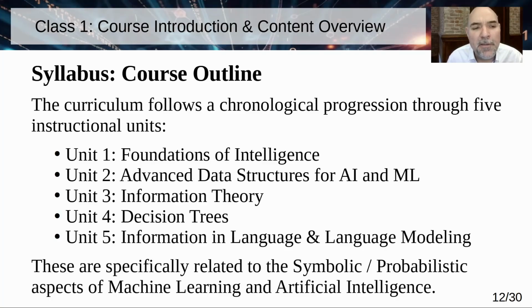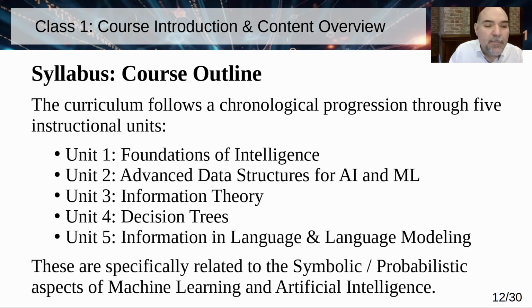Then we're going to move on into the information theory part, learn some of the mathematics behind that, learn why we want to use that. Then we're going to use that information theory for decision trees, and then move on into using that for language and language modeling, specifically with both information theory and Markov models, Markov chains.